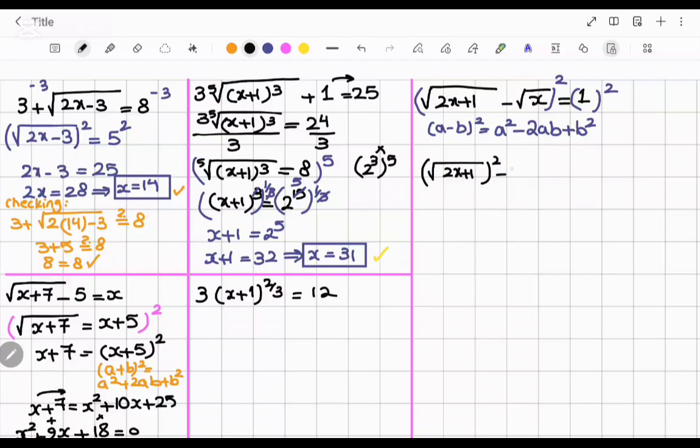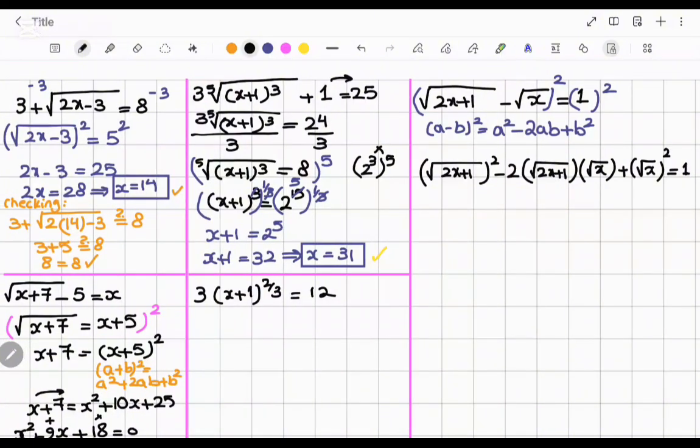So the a squared part is going to be the square root of 2x plus 1 to the power of 2, minus 2 times the square root of 2x plus 1 times the square root of x. And then b to the power of 2 is going to be the square root of x to the power of 2, plus 1, because 1 to the power of 2 is just going to be 1. Over here, the power is going to go inside and come out of the radical.